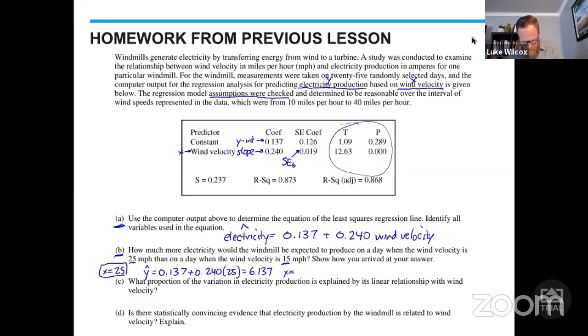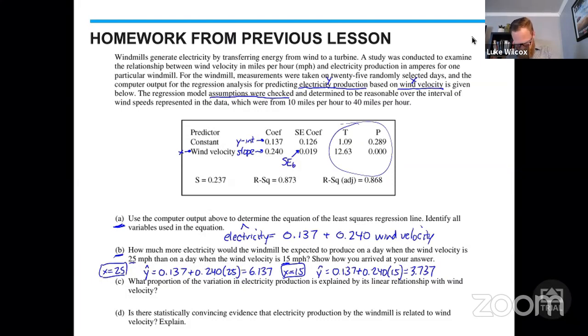Let's now check it for a 15 mile per hour wind. And all that means is I got to plug in 15 for x this time. So same equation, but now I'm just plugging in my 15, and that's going to give me a value of 3.737. And we want to know how much more electricity was generated on the day with 25 miles per hour. So we just need to take the difference between these two.